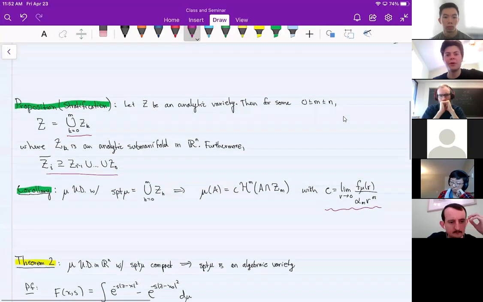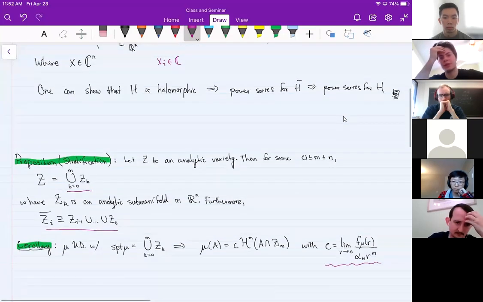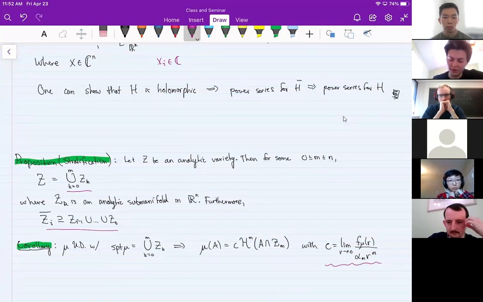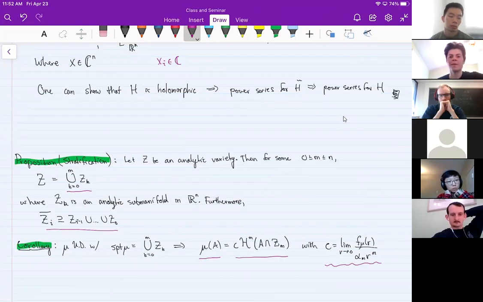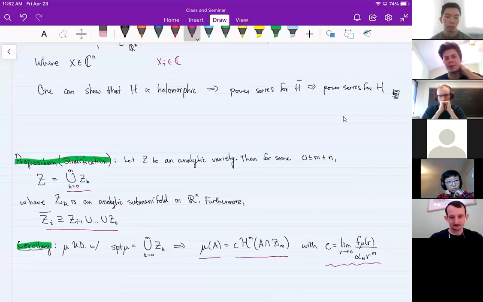So I guess the point of this last part is that if I want to write the measure mu of A, it is just equal to this. On the left-hand side, I have mu, and on the right-hand side, I have H^m of A intersect Z_m. This thing on the right is really just a function of the geometry of the support.